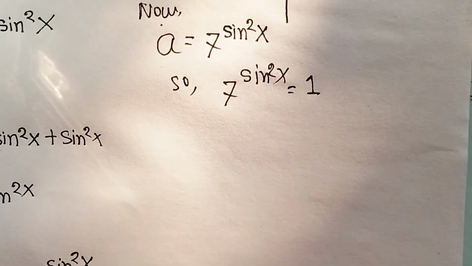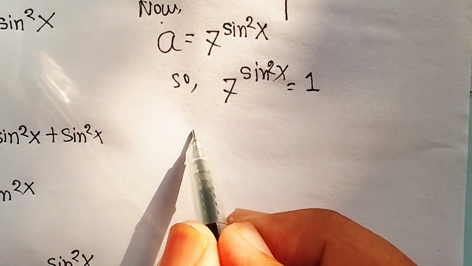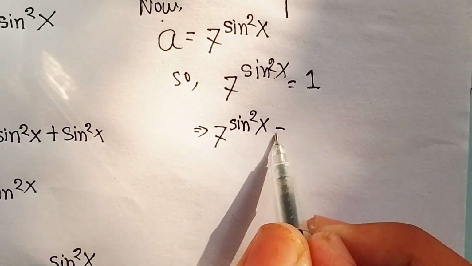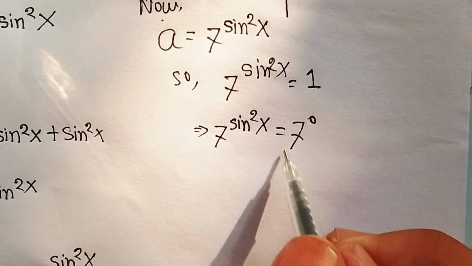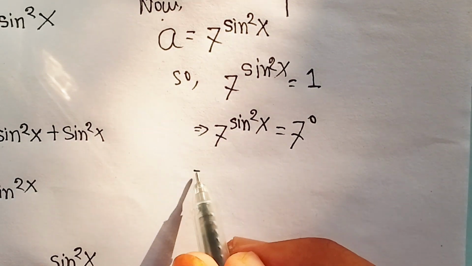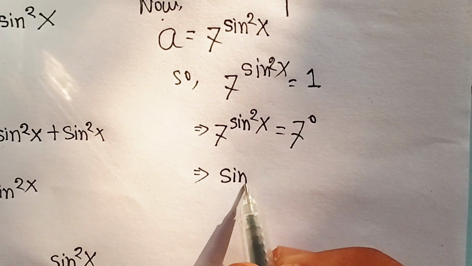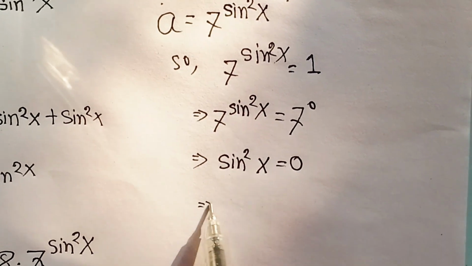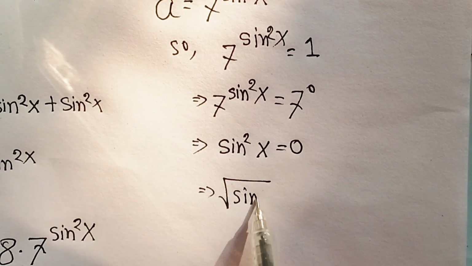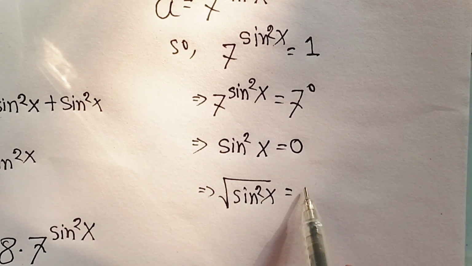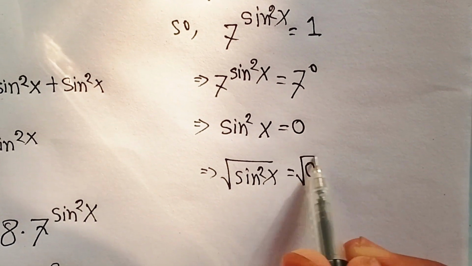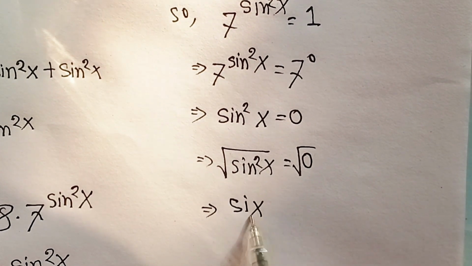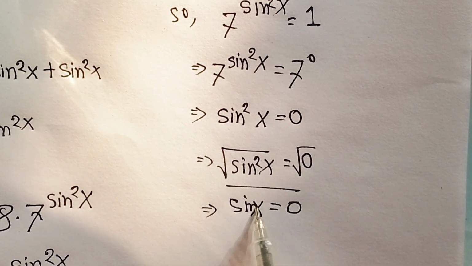Also we can simplify here, the equation should look like 7^(sin²x) is equal to 7^0, because you know anything to the power 0 is equal to 1. So here the bases are same, so we can write sin²x is equal to 0. So we now take the square root of both sides, then we will get sin x is equal to 0.